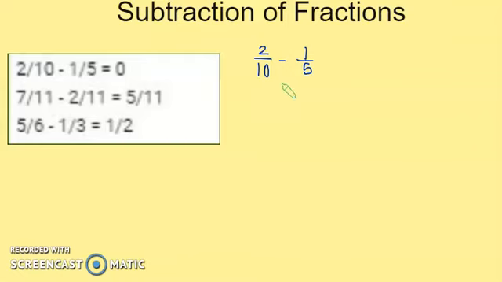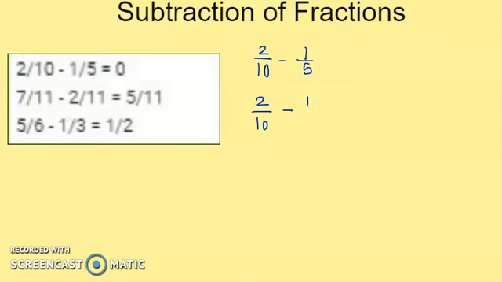That is, the first step was to equalize the denominators. So you can see here the first fraction has the denominator 10 and the second fraction has the denominator 5. So what we will do is we will make the second denominator equal to 10.